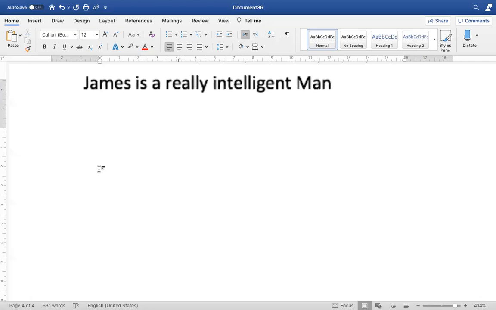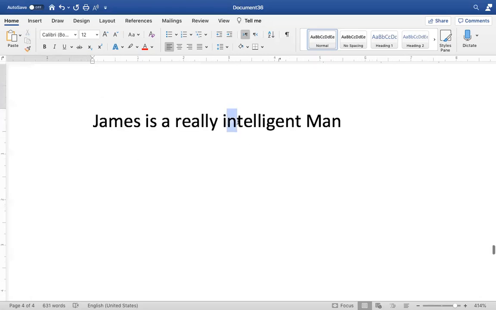Intelligent is an adjective which basically qualifies, modifies a noun, which is the man. And you already know that adjectives in English should come before the noun, which is not the same in French, because in French, we normally say, James is a man intelligent. But in English, we always say, James is an intelligent man.